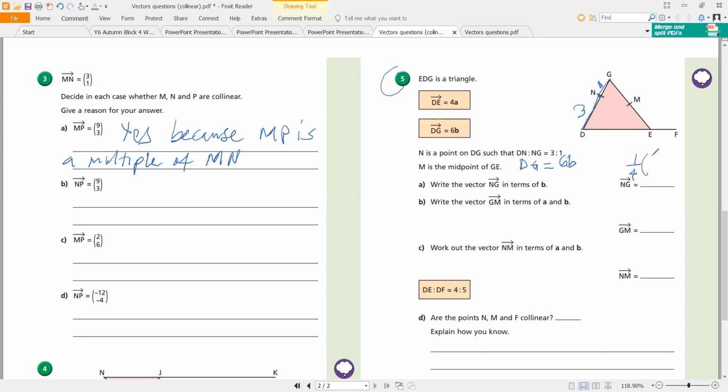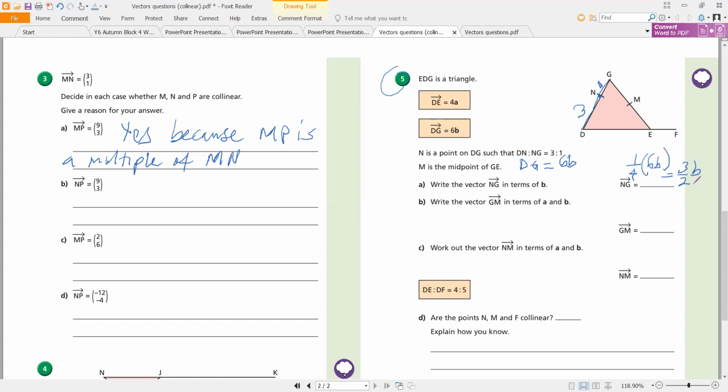Multiply by 6B, which is the entire vector. And if you do this calculation, you will get 3/2 B. That is the vector NG in terms of B.